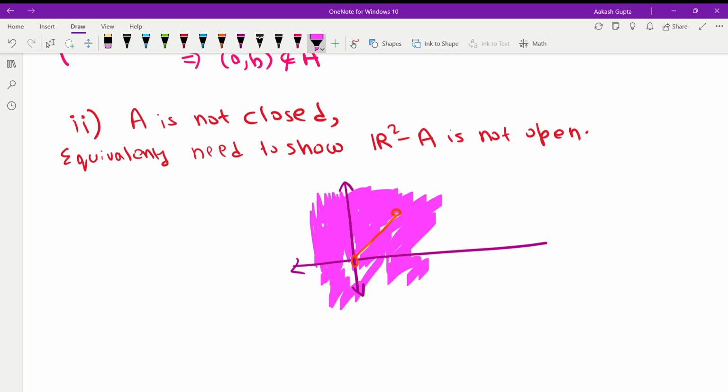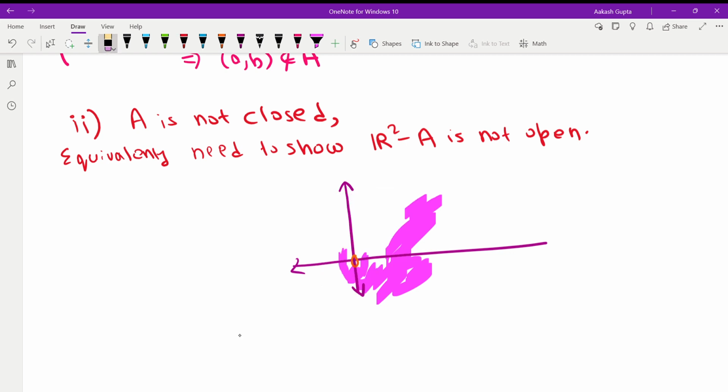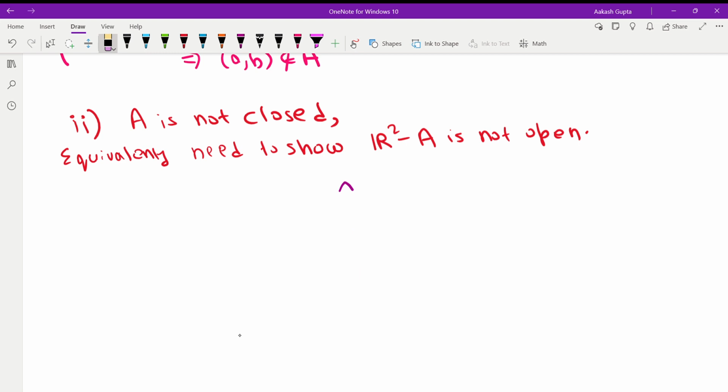I hope you know what it is. So apart from this line, let me do it with red color. No, this is a very bad plot, I know. So let me remove it.